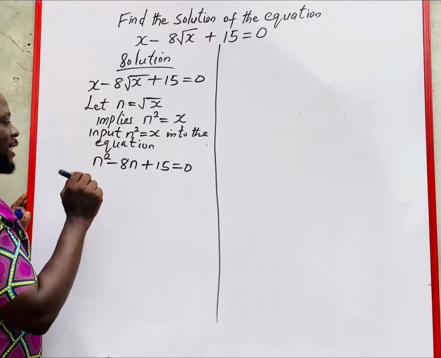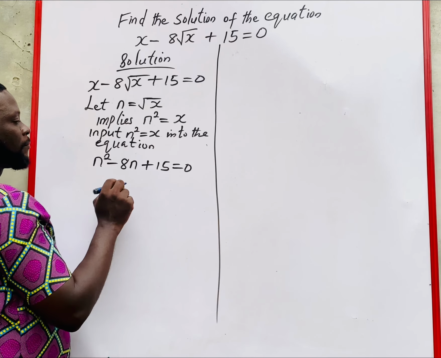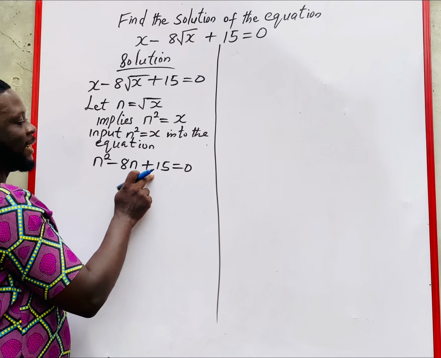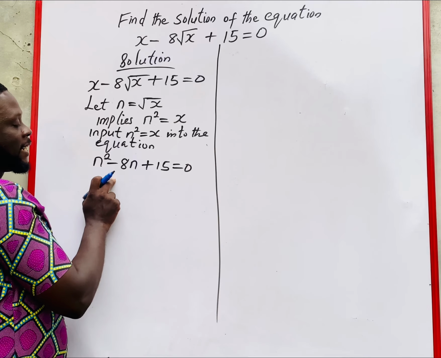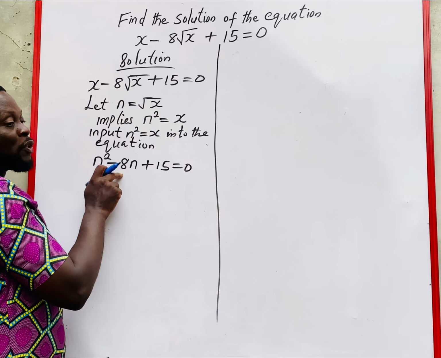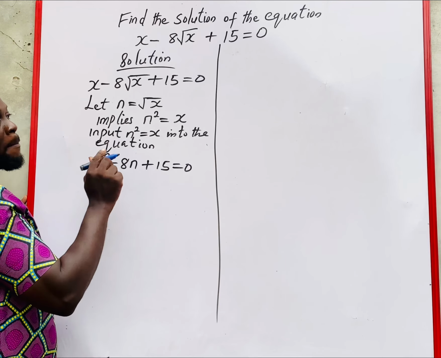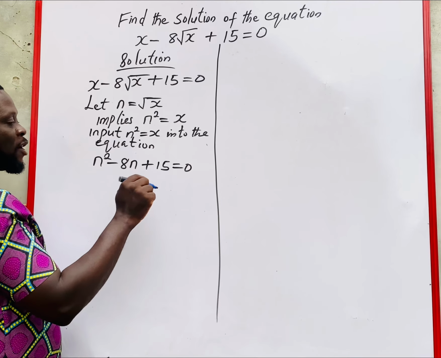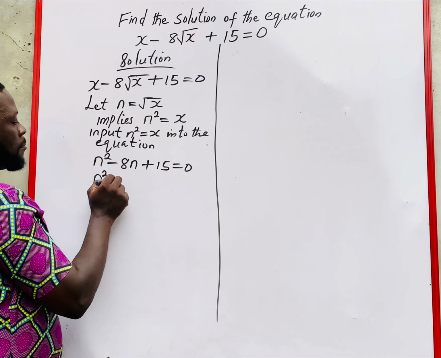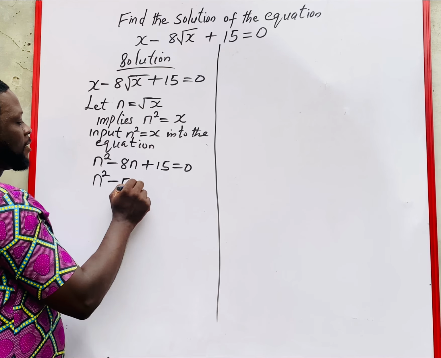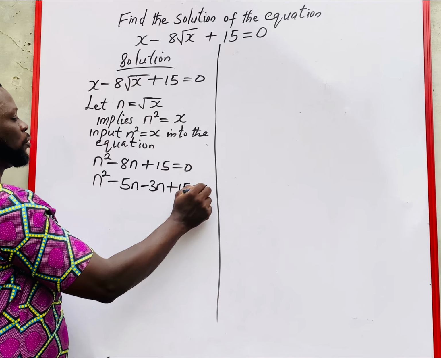So the two factors here are 3 and 5. Minus 3 times minus 5 will give me plus 15. Minus 3 minus 5 will give me minus 8. So we are replacing this minus 8n by minus 5n minus 3n. So here we have n squared minus 5n minus 3n plus 15 equal to 0.